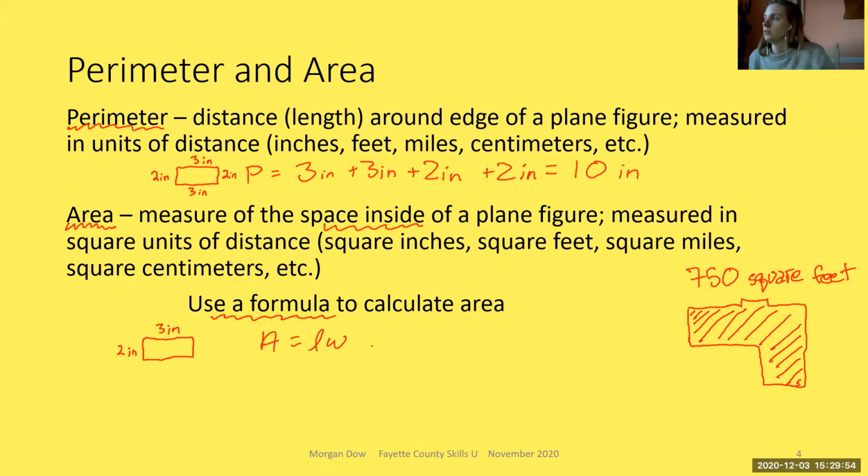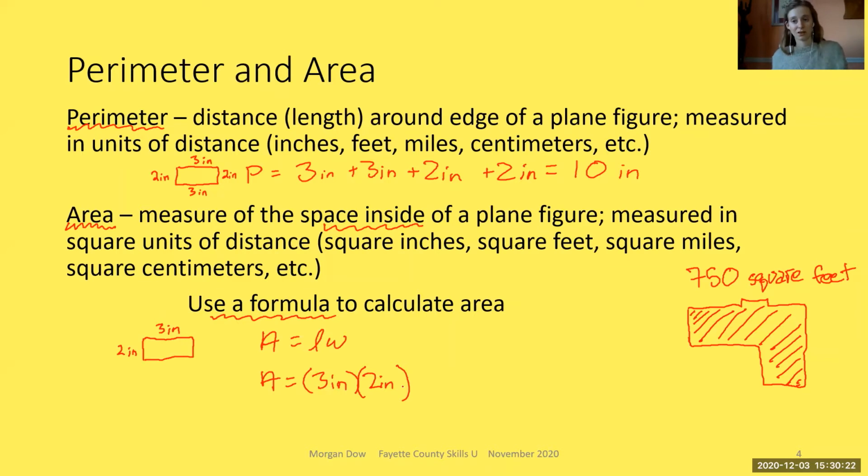Calculating the area usually involves multiplication, right? Whereas perimeter, we can just add up all the sides. With area, we're usually multiplying. So for this particular rectangle, we're going to do 3 inches times 2 inches. And so I did 3 times 2 because I would probably think of 3 as the length of this rectangle and 2 as the width.